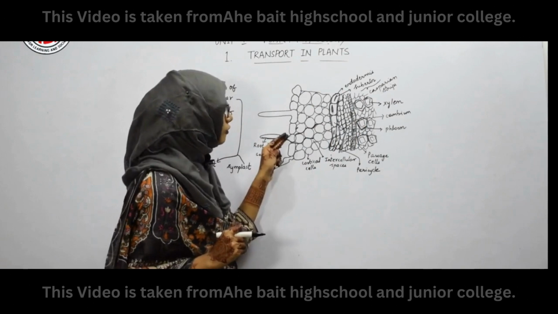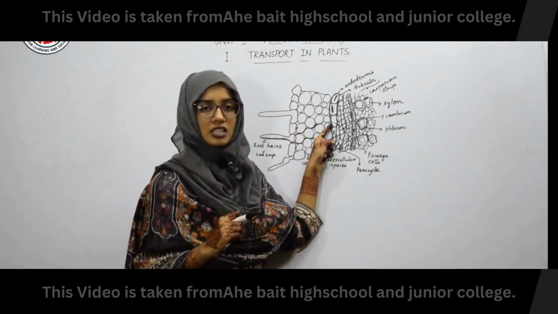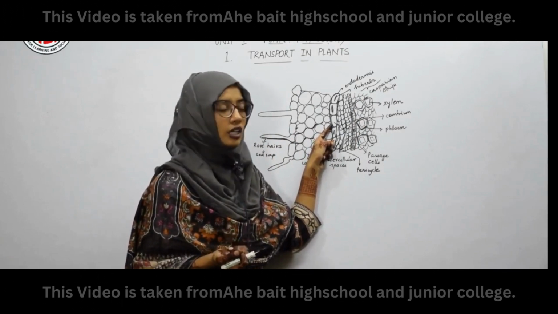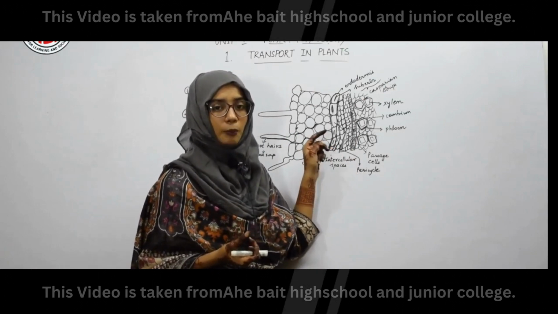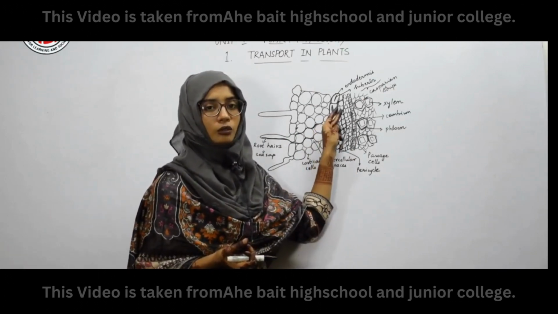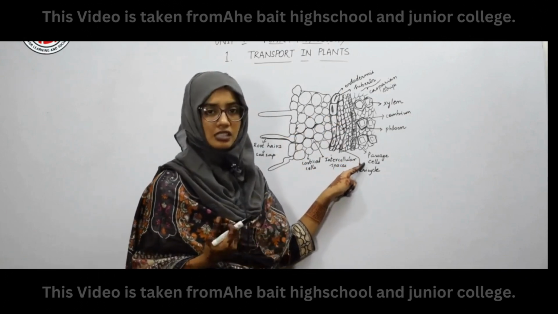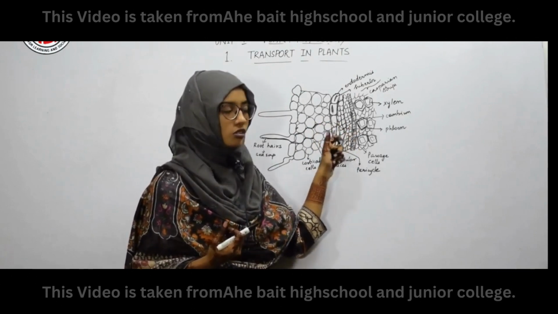But if it reaches the passage cells, the passage cells are without thickenings. The suberin material is not present in the passage cells, as the suberin material is impermeable to water and does not allow the water to move in. So when the water reaches these passage cells, it can be transported to the other cells of the roots.